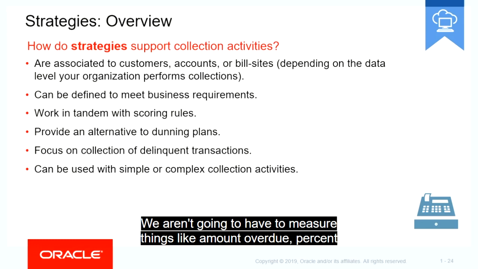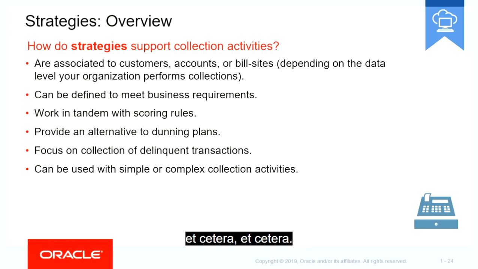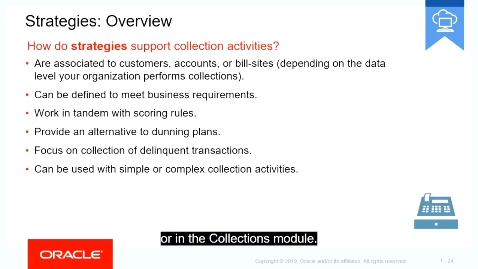We are going to have to measure things like amount overdue, percent of the balance that's overdue, number of transactions that are delinquent, etc. So this process of scoring a customer involves using data that's stored, of course, in the receivables module, in the collections module.